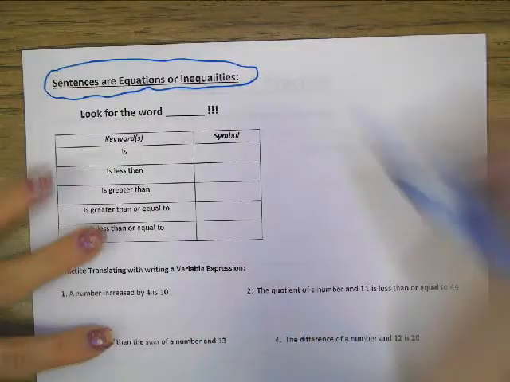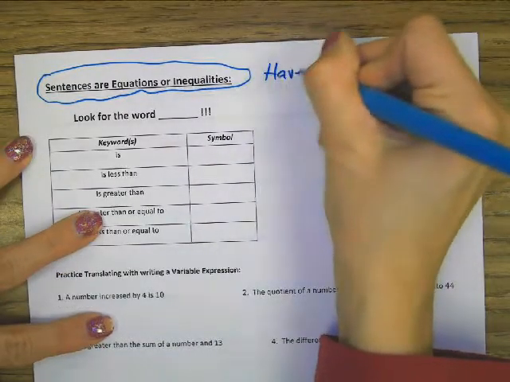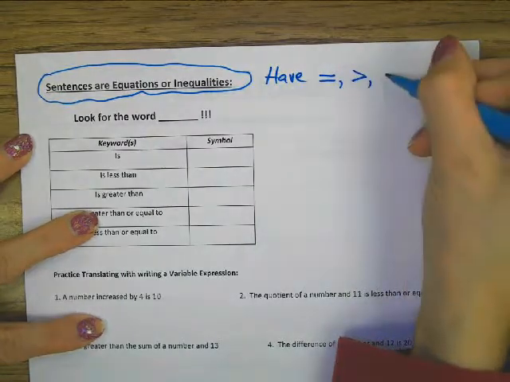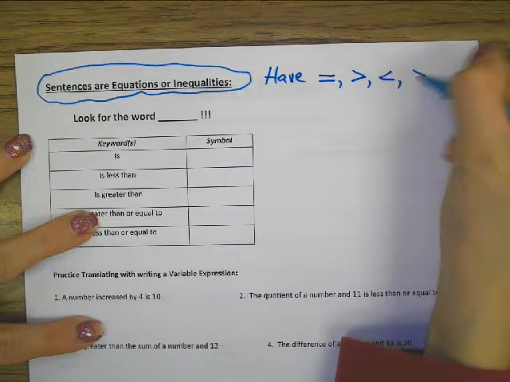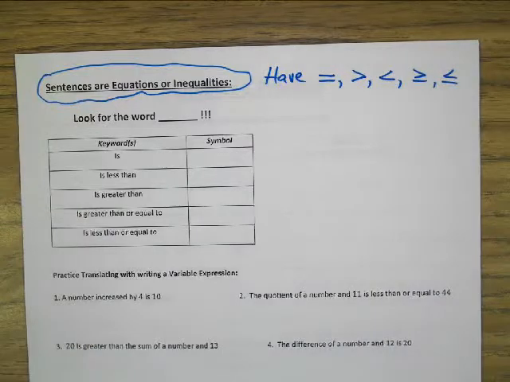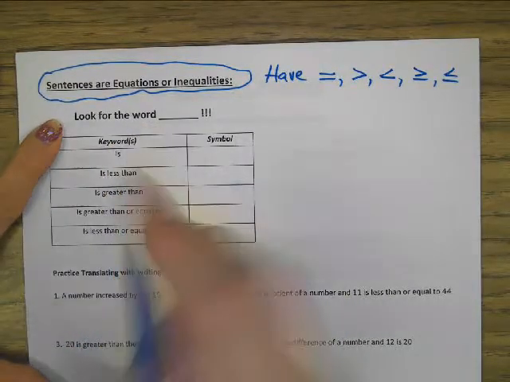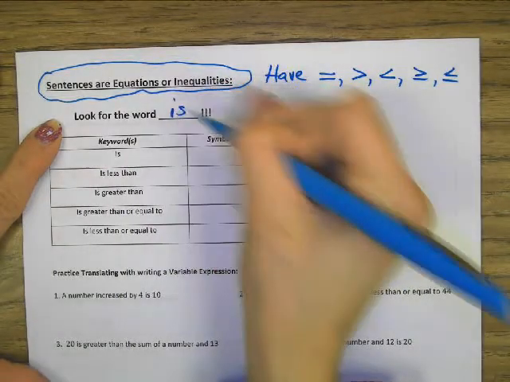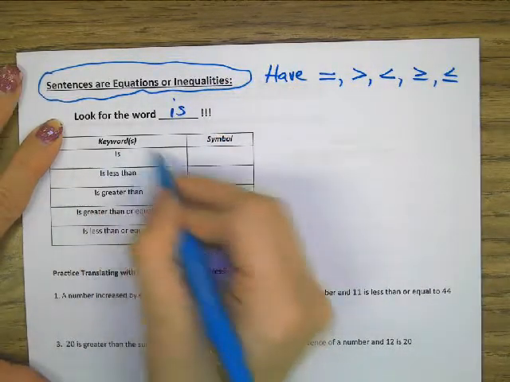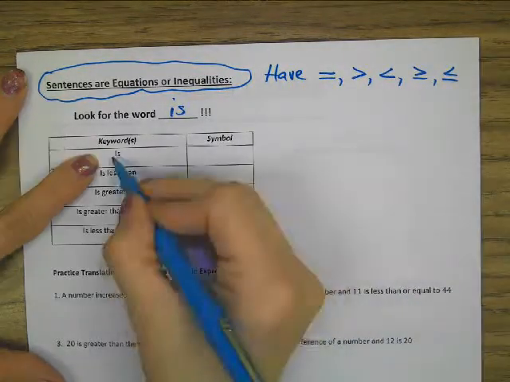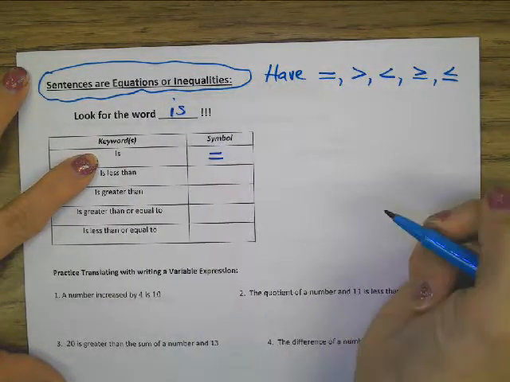And you look for the word is. Okay, and then everything after the is means that you put one of these equation symbols. Is gets the equal sign. Is less than gets the less than sign. Is greater than goes like that. Is greater than or equal to goes like that.